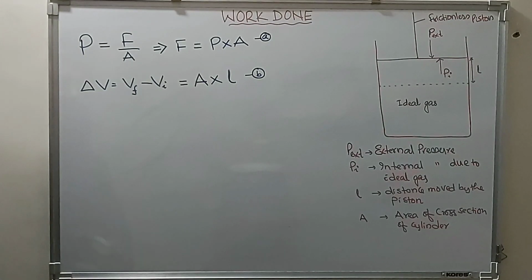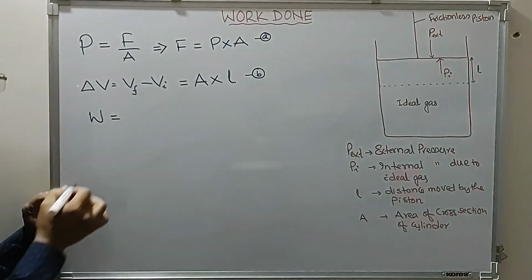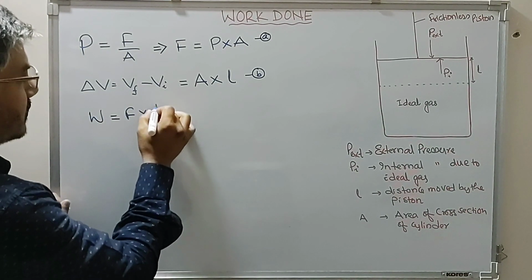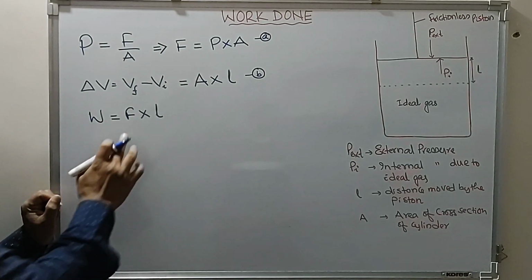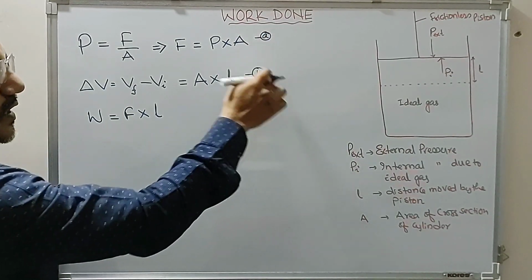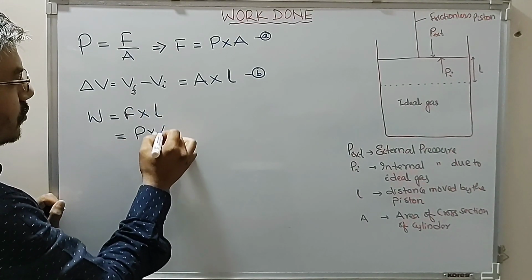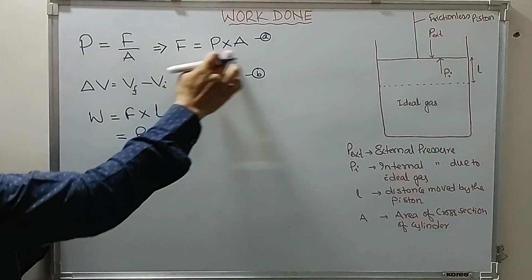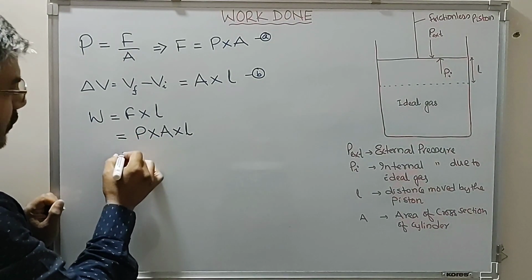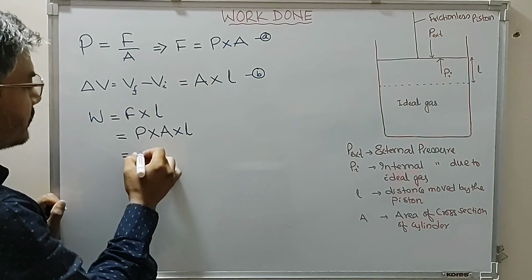Now we have to define the work done. So work done is equal to force into distance. Combining A and B, we define this force as pressure into area, that is defined as the force into L. Now look at this equation B, area into length is defined as change in volume.